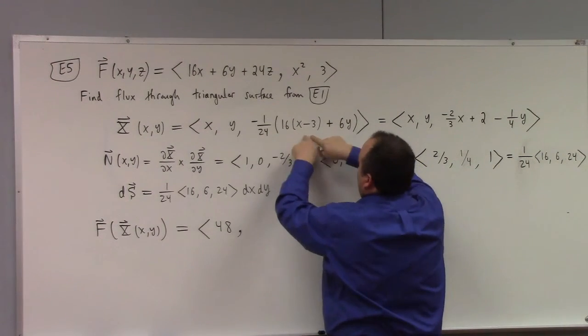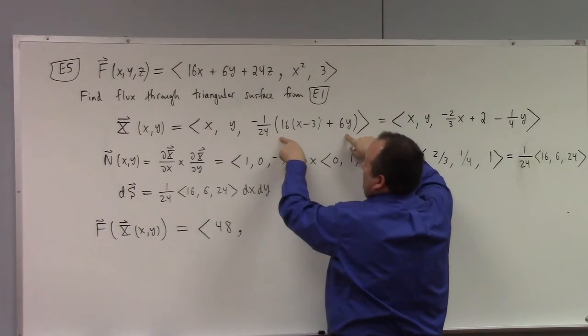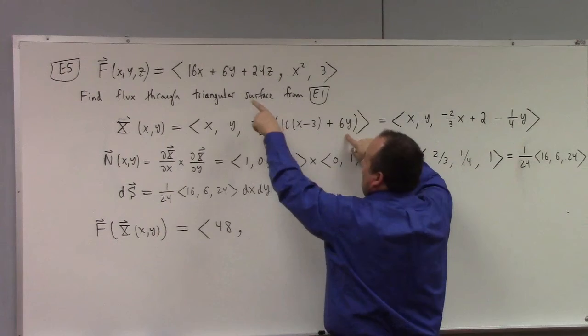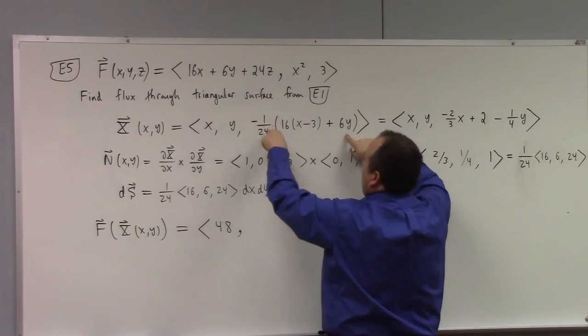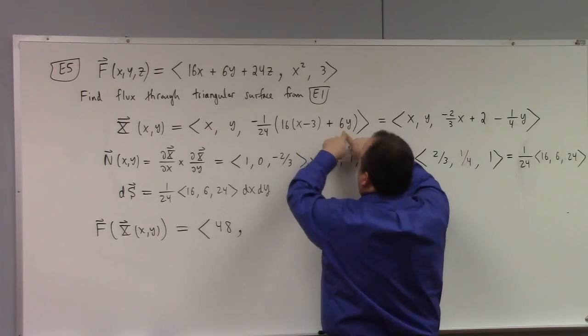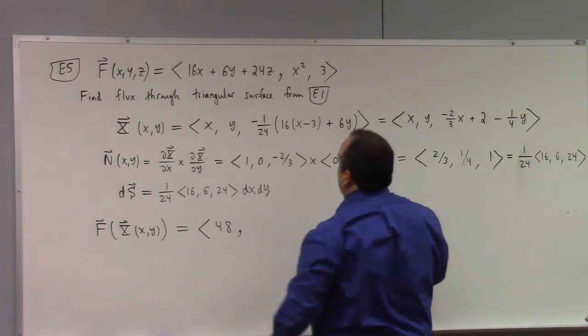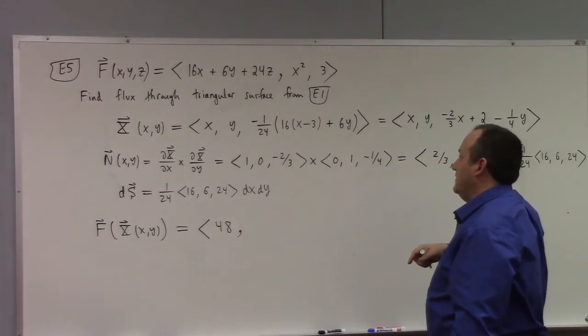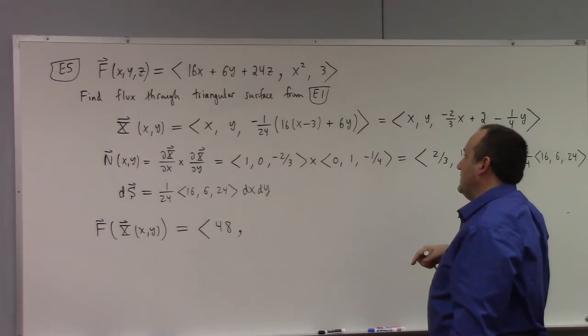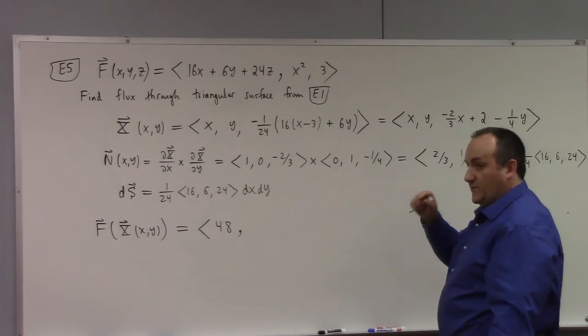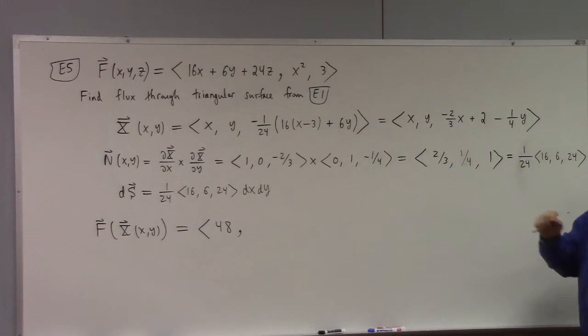If we put 24 times this, and we're adding 16x and adding 6y, well then the 16x cancels, the 6y cancels, and you're just left with 3 times 16, which is 48. So that works out to 48.